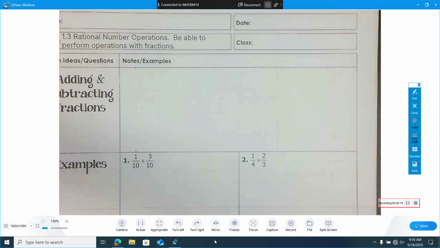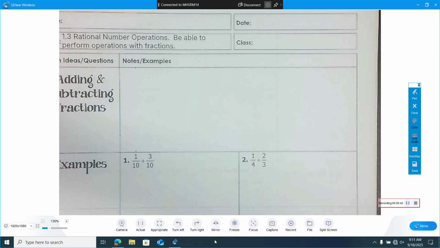So you can see around the room we have some yellow stations set up. If you feel like getting out of your desk and walking around a little bit, you can do that today. Or if you feel like staying in your seat, then I have a coloring mathy thingy, if you want to color.